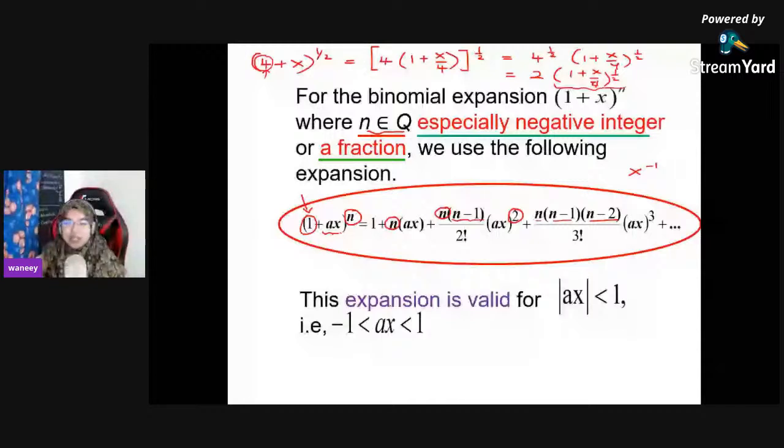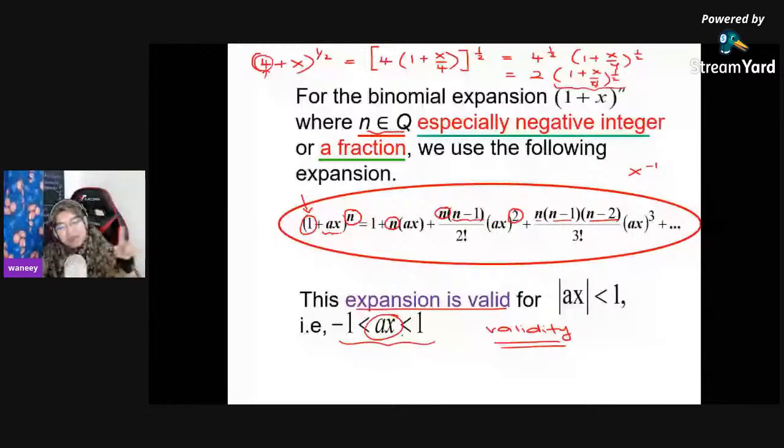That means if we substitute the value of x in between this number, the value on the left hand side will be equal to the right hand side. So if ax is in between negative 1 and 1, if you substitute on the left hand side and right hand side, you are going to get a similar number.